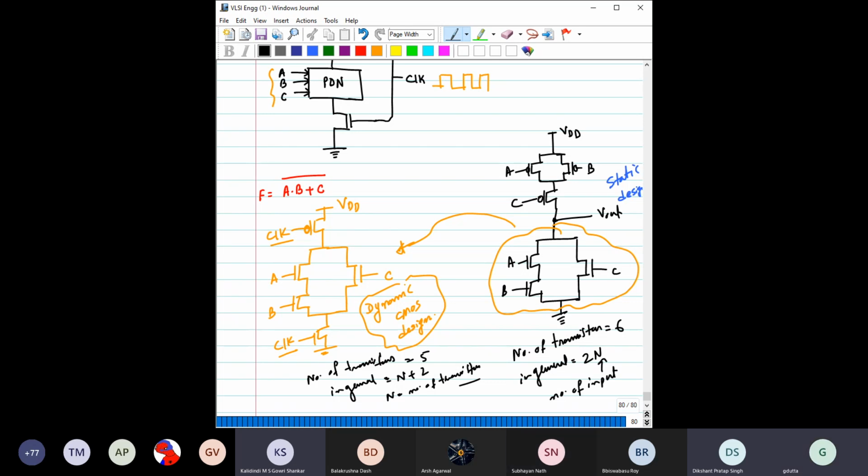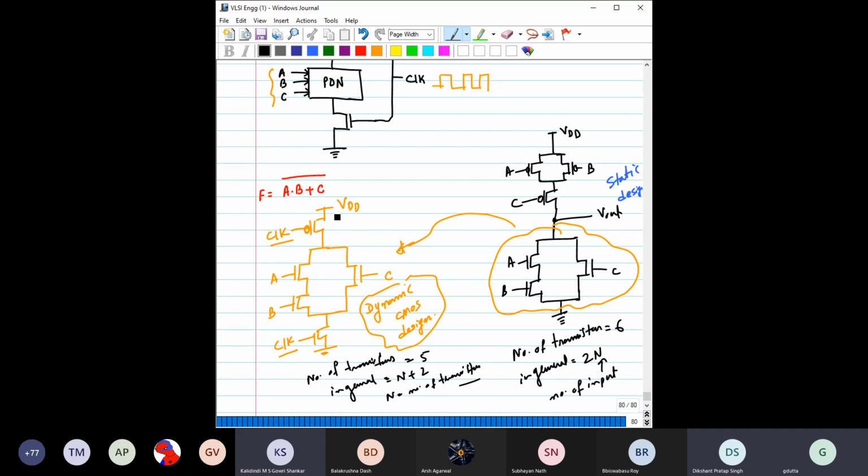Basically you have the pull down network and you don't have this bottom transistor, you have only one MOSFET here, so it is n plus 1.